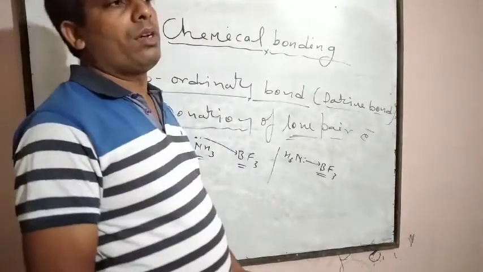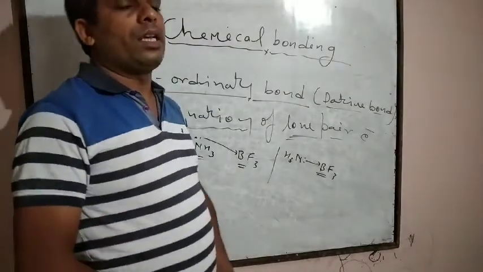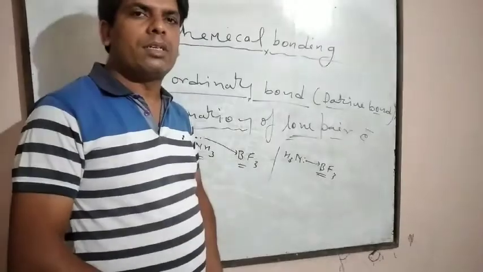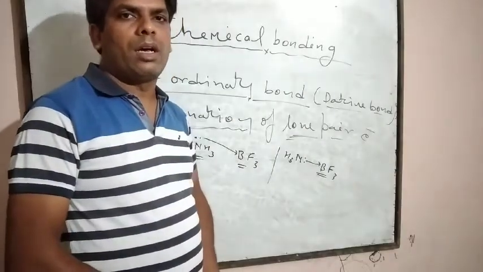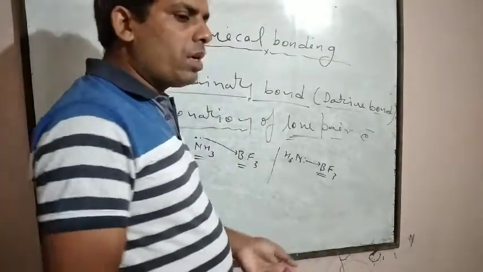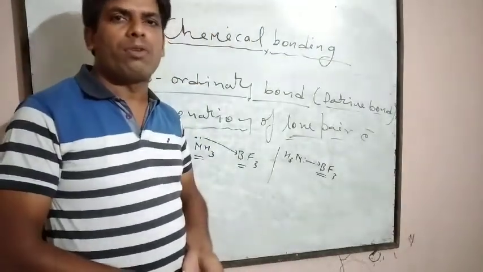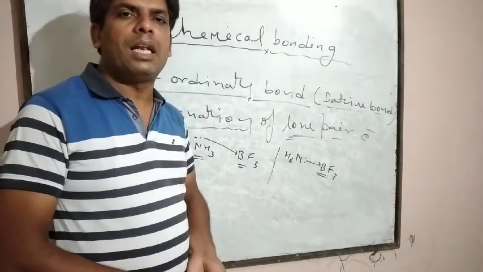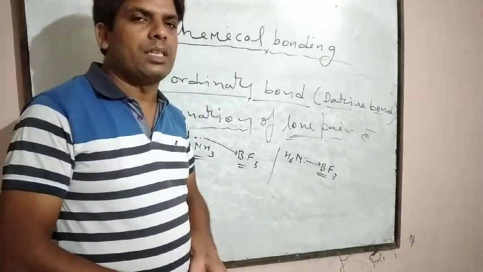According to the Lewis acid base concept, a species which has the capacity to donate a lone pair of electrons is known as a Lewis base, and a compound which has the capacity to accept a lone pair of electrons works as a Lewis acid.